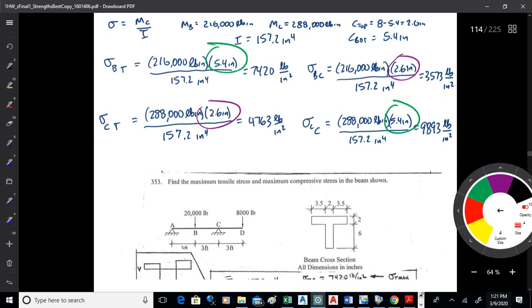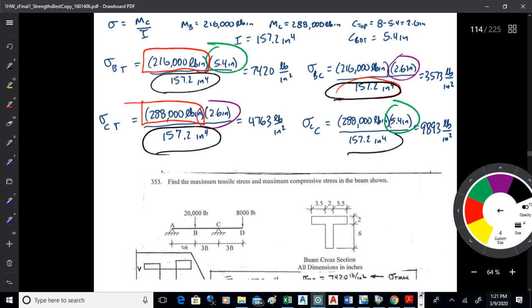What I've got is the value for the moment at B and then at C, 216 and 288. Then I multiply that by the appropriate C value, then I divide it by I. Now I doesn't change, it's the same every time, 157.2. But the other things do change, depending on where I am on the beam. At B it's 216,000, and at C it's 288.